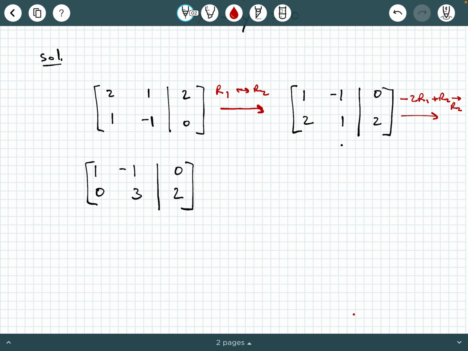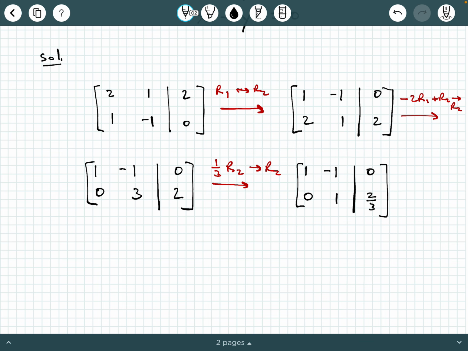I can perform another row operation, and I can say 1/3 times row 2 just to change row 2. I'm just multiplying a row by a non-zero constant. That's perfectly allowed. That's one of our elementary row operations from a few pages back in your notes, so you may need to refer back to those if you don't remember. So when you multiply 1/3 by row 2, you have 1/3 times 0, 0. 1/3 times 3 is 1, and then we get 2/3 here on the right of the partition.